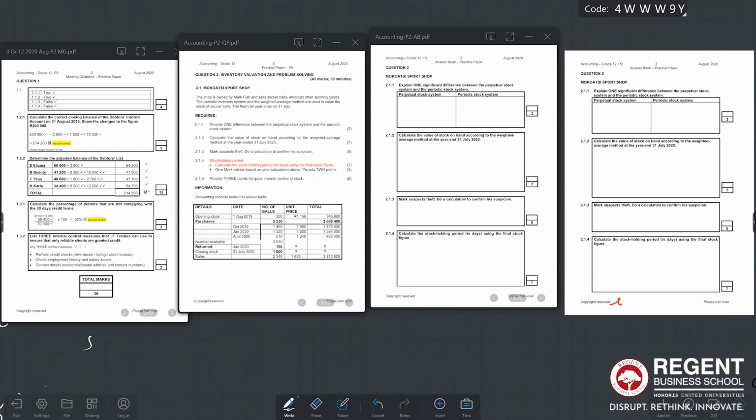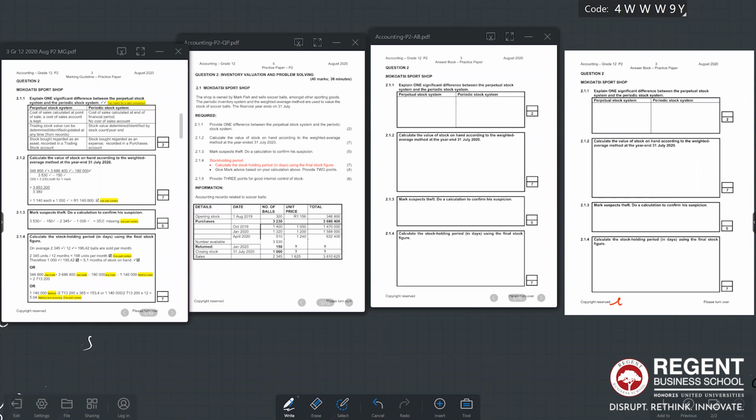Then see how many units you had left over at the end. So we work out the value of the closing stock of the soccer balls. Now I had 1,000 soccer balls left over at the end. They want you to work out the value of the closing stock. I'm just going to show it to you instead of writing it all out. Let's discuss it.